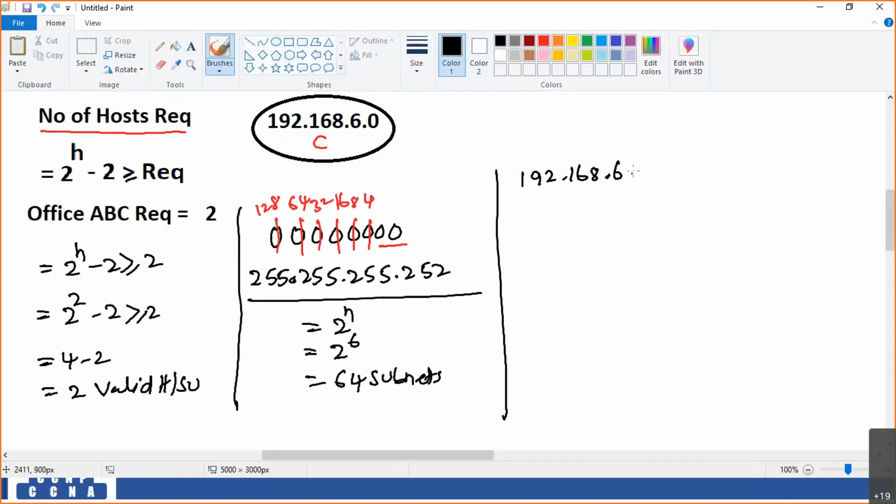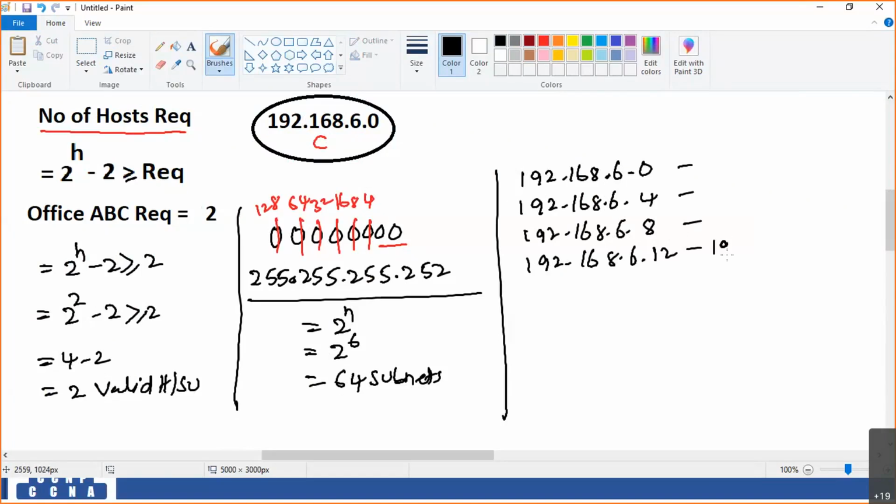So 192.168.6.0, 192.168.6.4, 192.168.6.8, 192.168.6.12, like this.